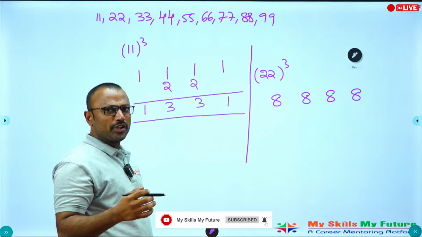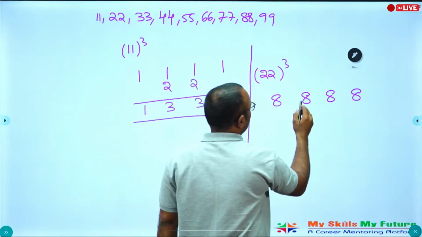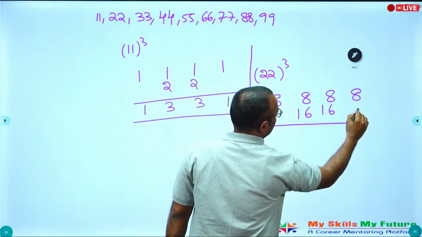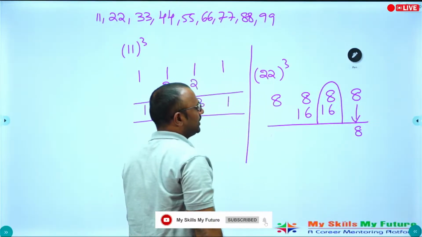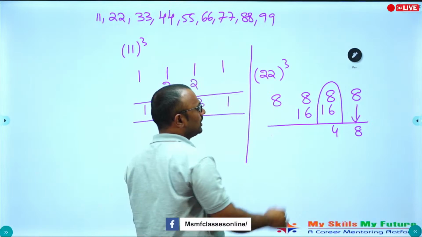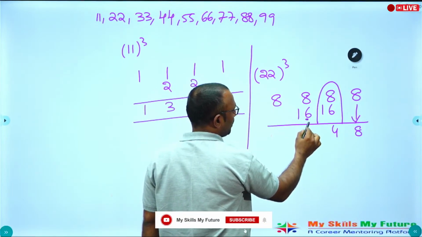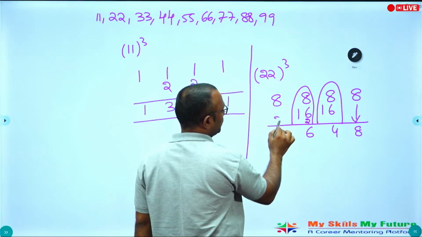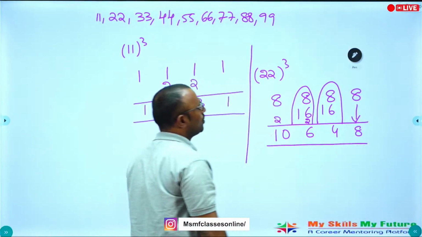Then twice the middle number, so write 8 here. Just add: 8 plus 16, we get 24. So 24 plus 2 is 26, and write 2 here. So 10648.